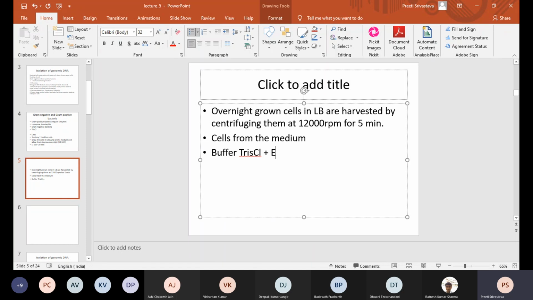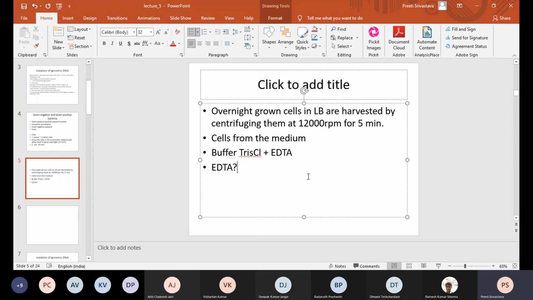But just to give you the concepts, in this case the buffer contains TrisCl and EDTA. TrisCl is just a buffer, but what is the purpose of EDTA? What is EDTA? Have you heard of this term, class? Yes, ma'am, it's a ligand, ethylene diamine tetraacetic acid.